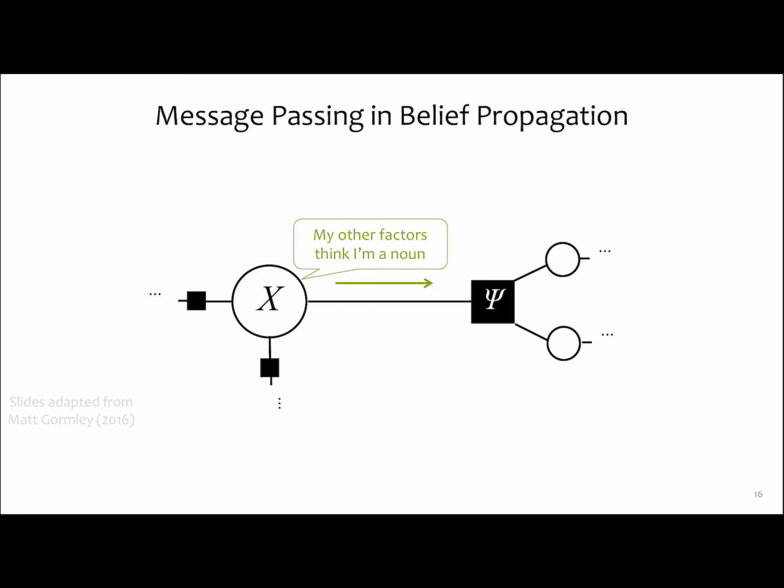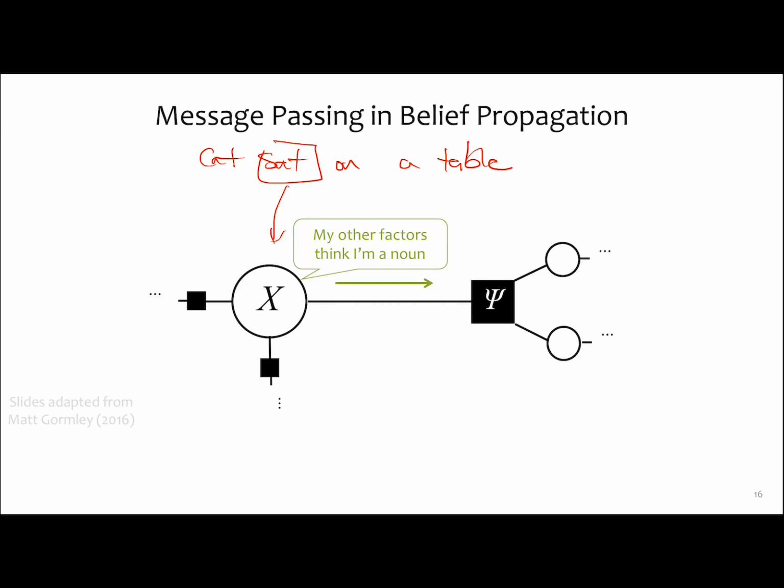Intuitively, a message from a random variable to a factor would be: my other factors think I'm a node. But this node, which here represents one word in the sentence, has only received information from the words behind it. So for example, let's say this is the word.